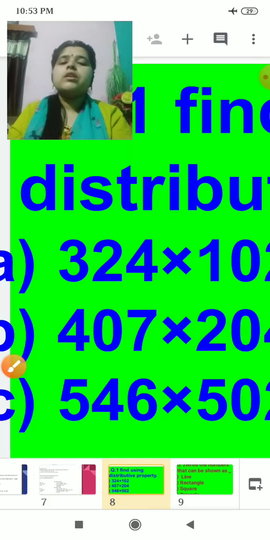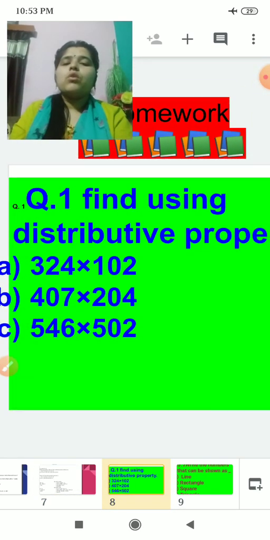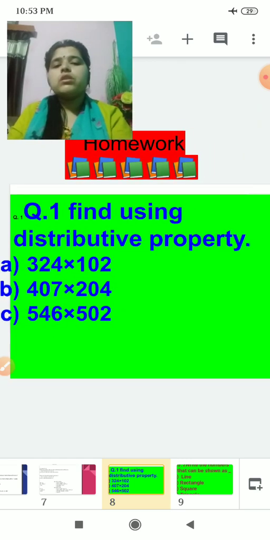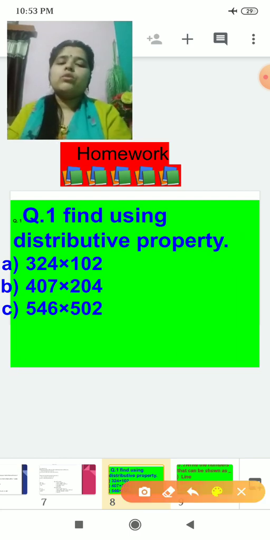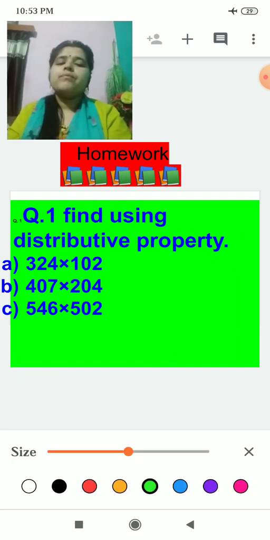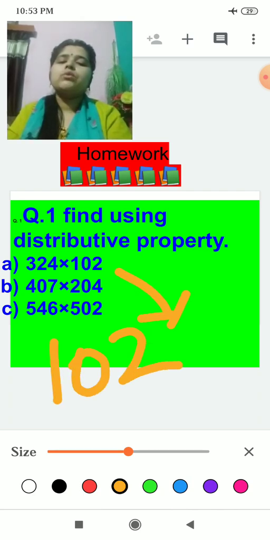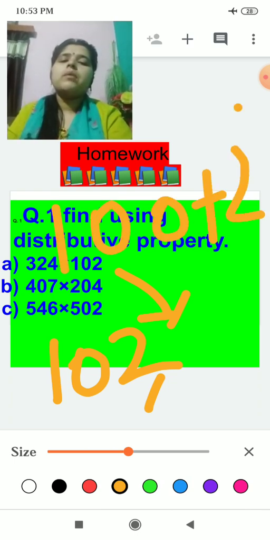Now children, this is the homework for you. You have to note down this in your rough notebook. Find using distributive property. What you have to do, I have already told in today's video also, that you will break the number behind, it means 102. How? That is 100 plus 2. It will come in one bracket.